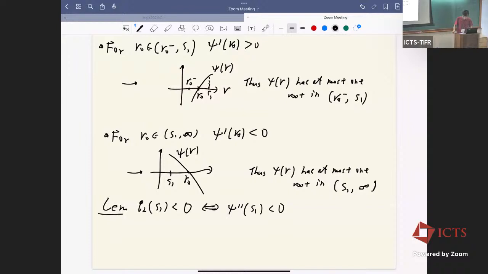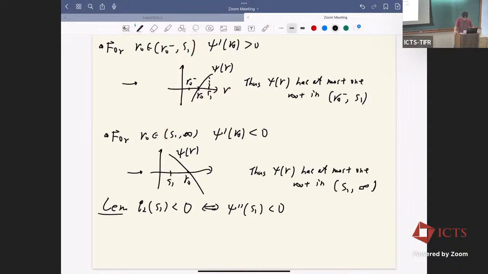So now, if R naught, the root of psi, is in here, then this is an increasing solution. If R naught is here, then it is decreasing. But we don't think about the case R naught is equal to S1. So this is less than S1, this is bigger than S1.